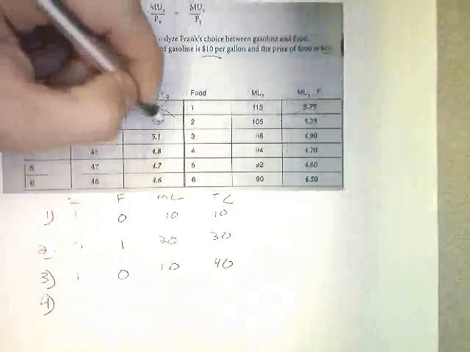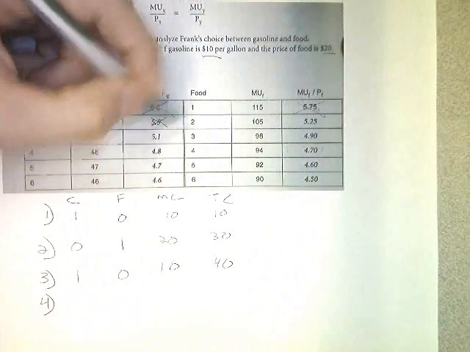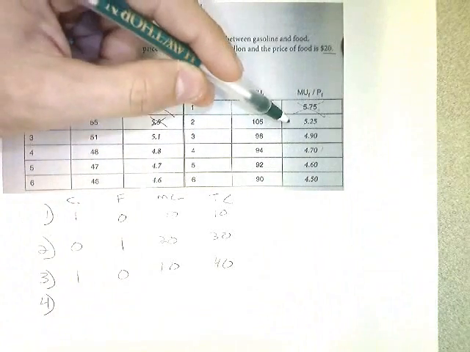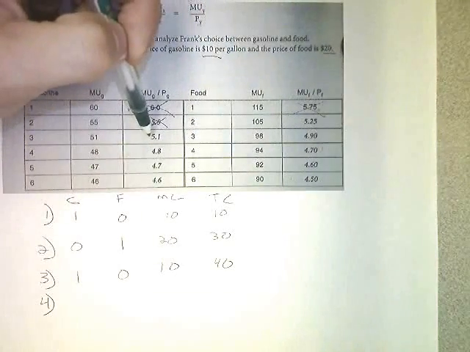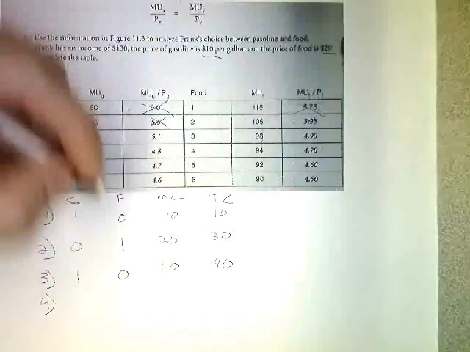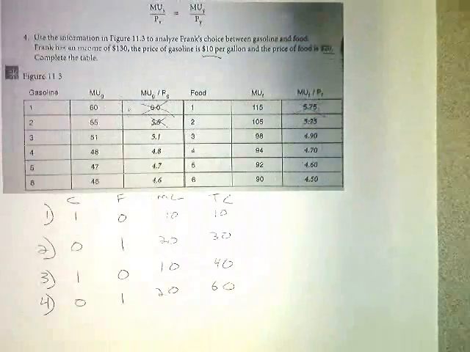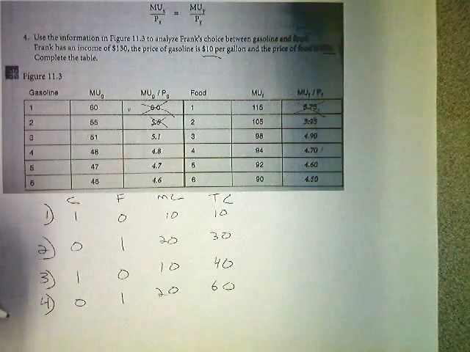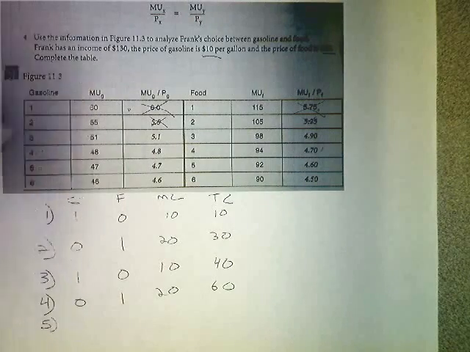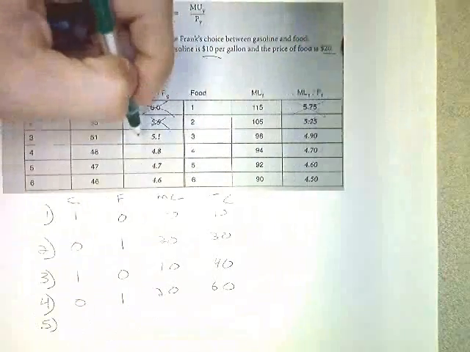Decision 4. In this case, food makes more sense because it has a higher marginal utility per dollar than the gas. So he's going to buy a second unit of food, which will cost $20, and that brings his total spending up to $60. His 5th decision is between gas and food.